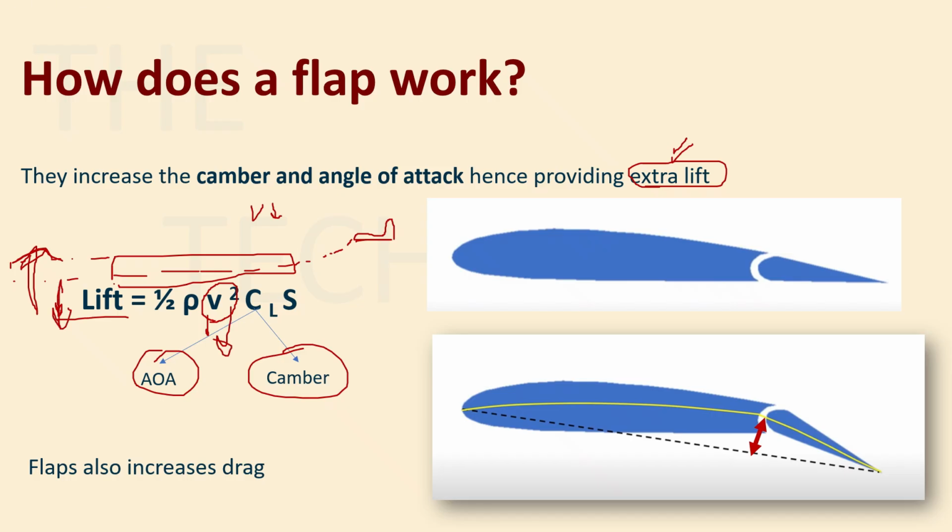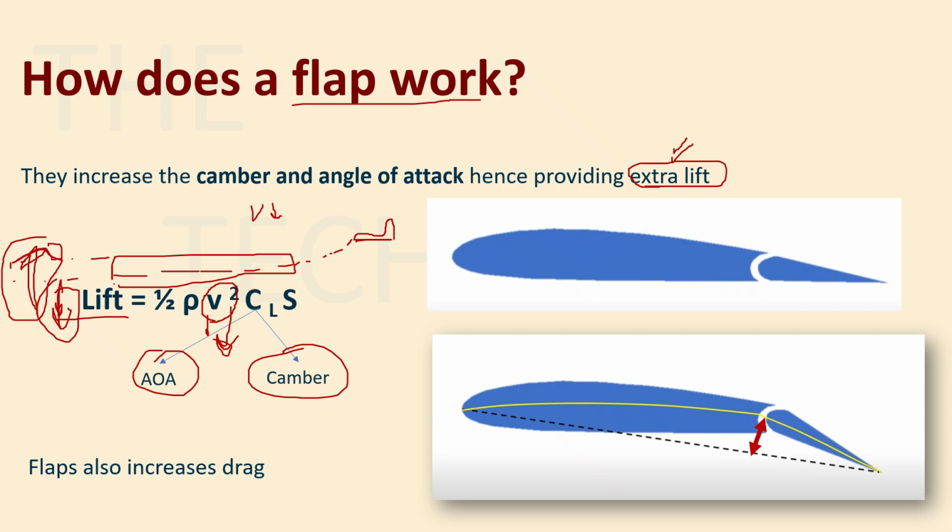But now, since lift was already extra, if it is reduced, it is fine, right? Now we'll have the same lift, but we are coming at a slower velocity. That is exactly what we want, and that is what your flaps do, right? They provide you some extra lift, which you then use to reduce your velocity.